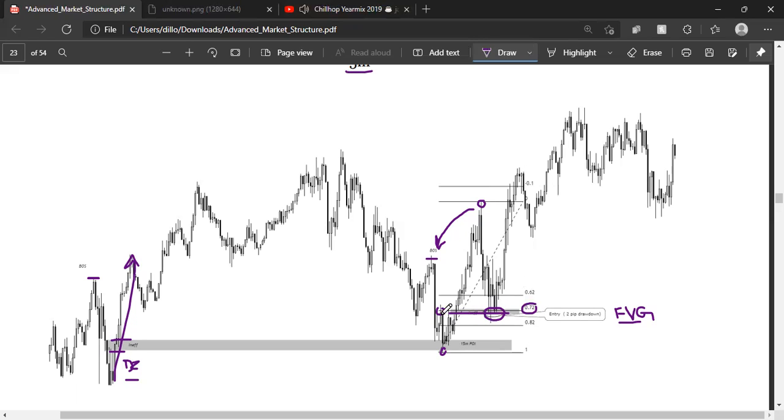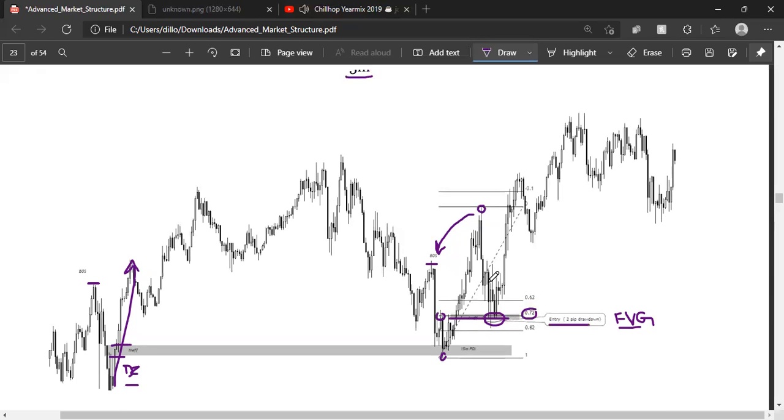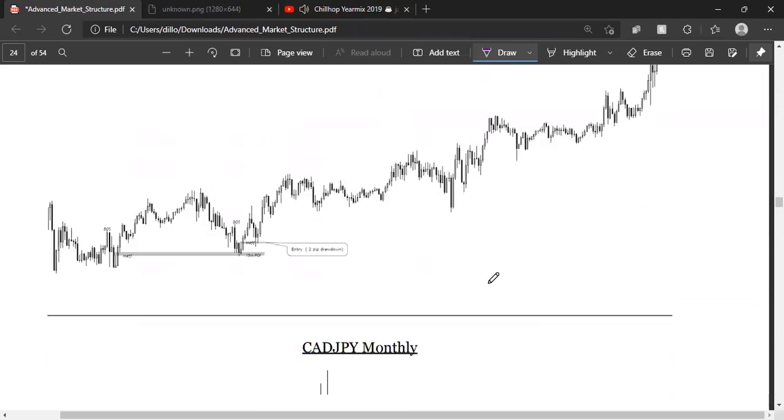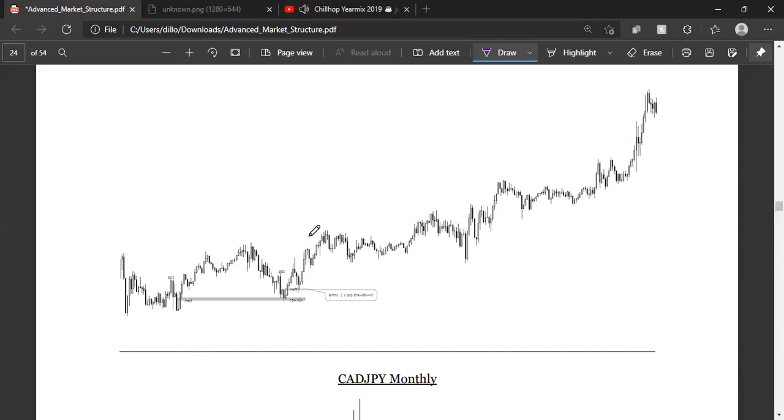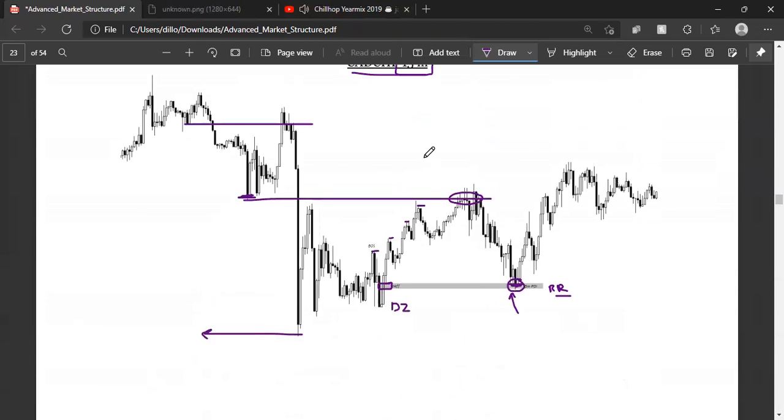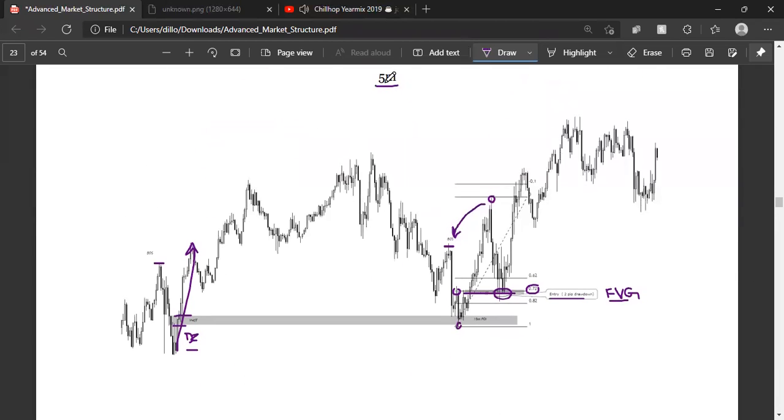This is where our eyes should be drawn to. So entry here, 2-pip drawdown for, I don't know how many pips, I didn't put it in the example, but right. So here was the 15-minute, 5-minute breakdown Fibonacci trade.